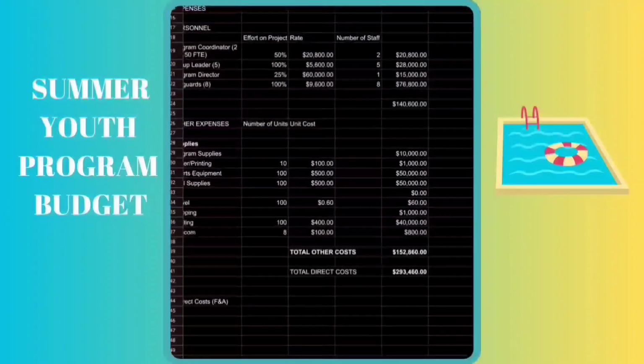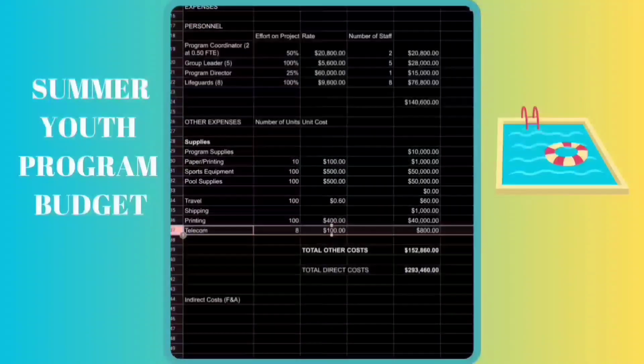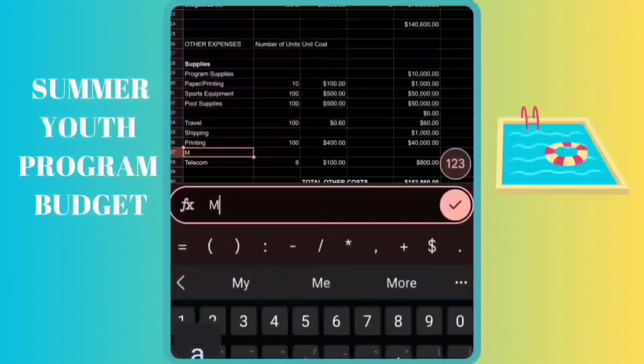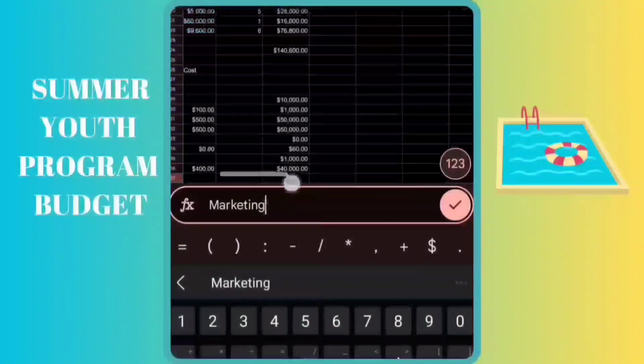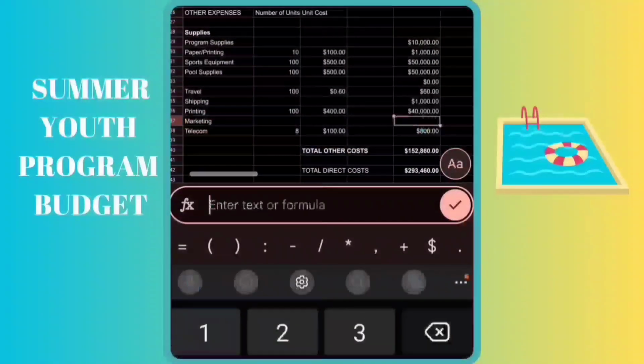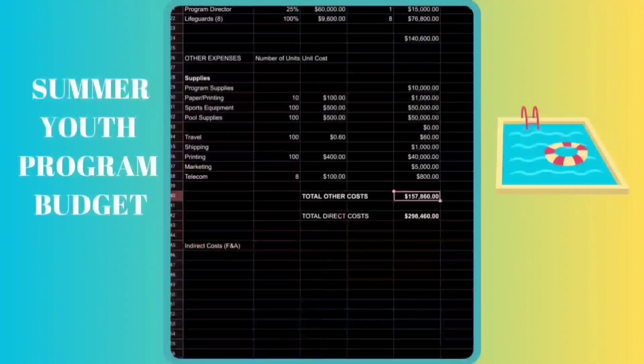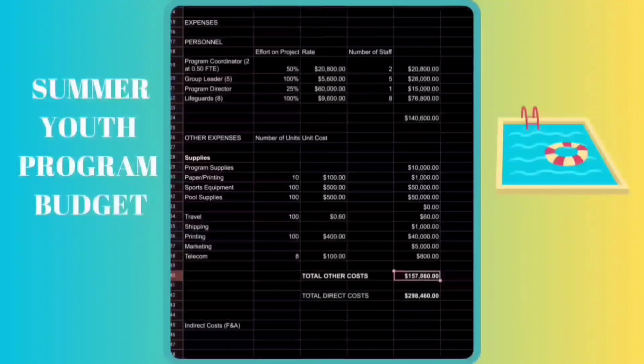So I'm trying to balance the budget a little bit. Trying to think of what other categories are necessary. Marketing is always a big expense. You have to think about what all goes into this program. There's advertising. There's the website. There's email blasts.